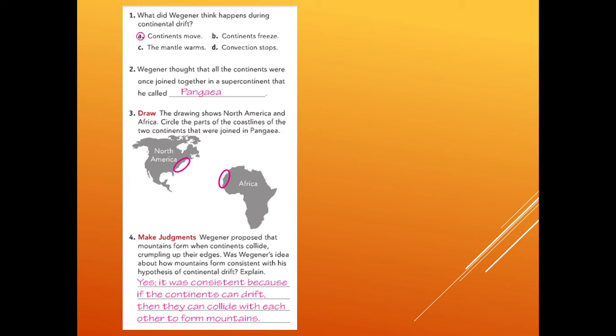It was consistent because if the continents can drift, then they can collide with each other to form mountains. Yes, we analyzed that, and continents can actually be joined together, and once they collide, then they are going to create mountains.